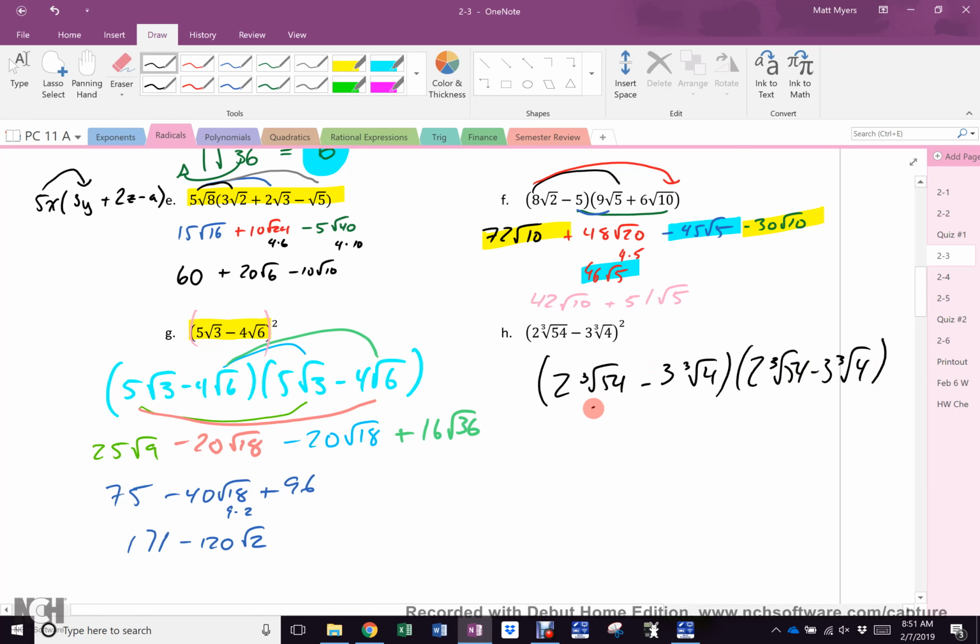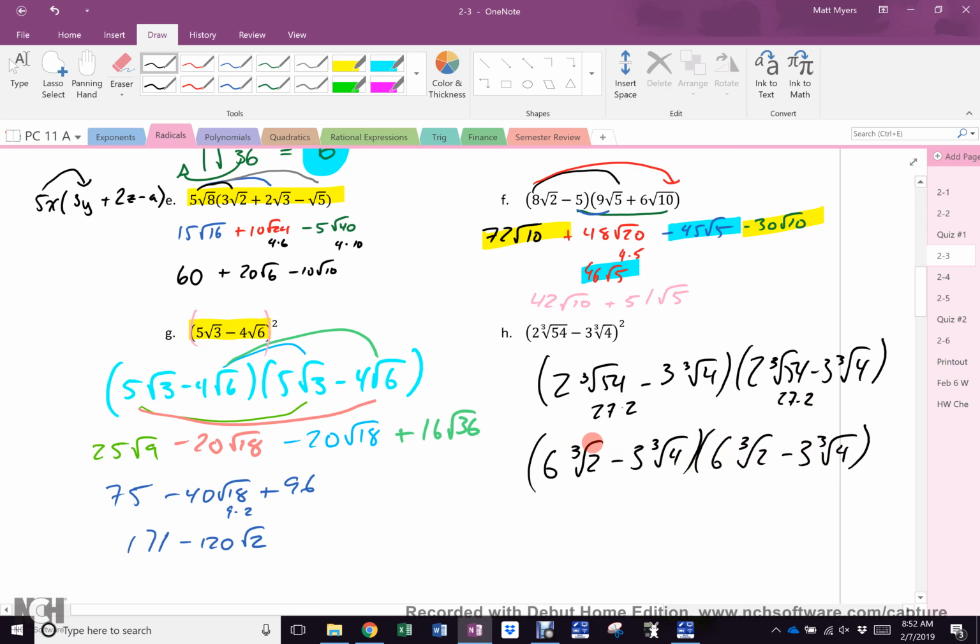Simplify first. 27 times 2, 27 times 2. So that becomes 6 cube root 2 minus 3 cube root 4 times 6 cube root 2 minus 3 cube root 4. And then guess what?